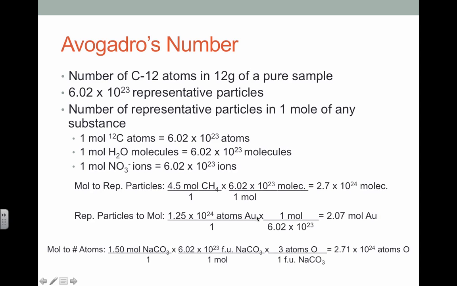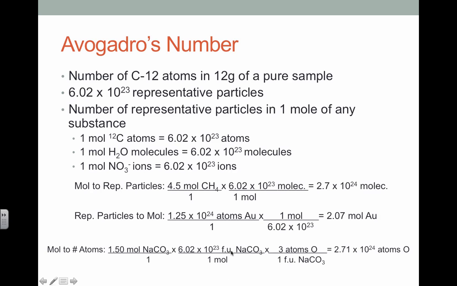We can also calculate atoms within representative particles that are not atoms. So I can figure out how many atoms there are in a molecule or in an ion or in a formula unit. This is shown in the last example where I have 1.50 moles of sodium carbonate to begin with. If I want to know the number of atoms of, for instance, oxygen in this case, I first have to calculate the number of formula units of sodium carbonate. Notice how moles cancel out.